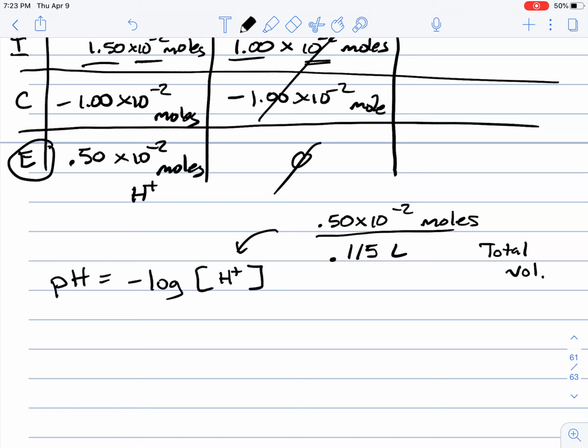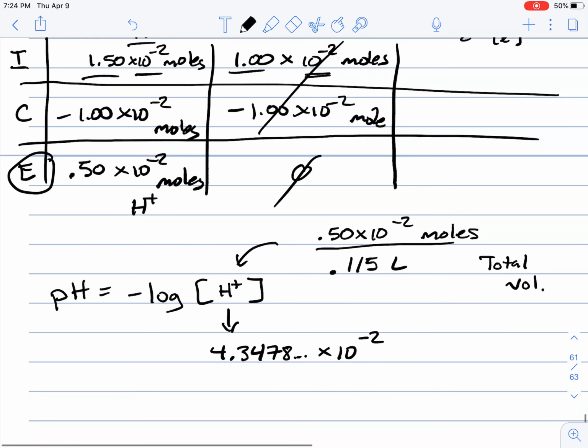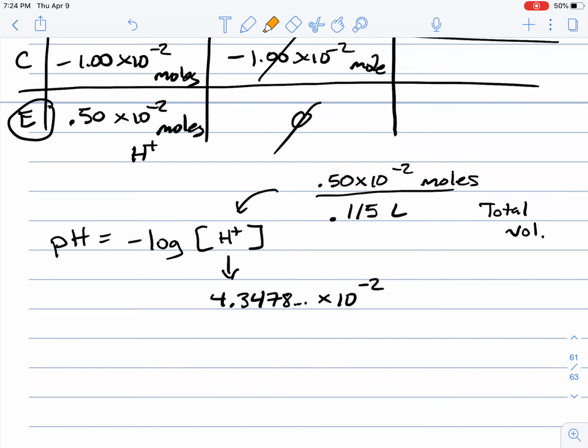And so at this point, I'm just going to type into my calculator 0.5 times 10 to the negative 2, divided by 0.115. That's going to give me a concentration of 4.347, a whole bunch of numbers, times 10 to the negative 2. All right, and so here we'll make sure to follow our sig figs according to our math.